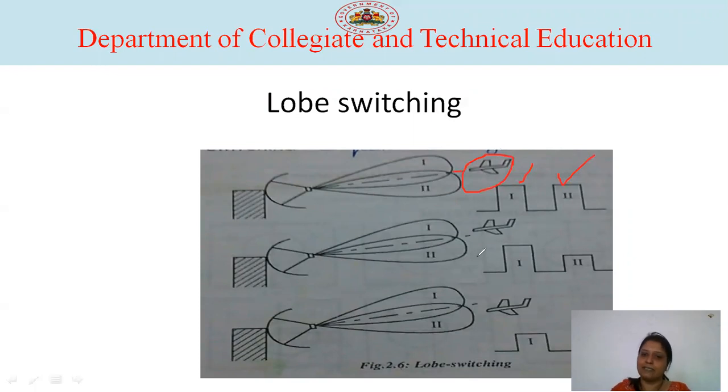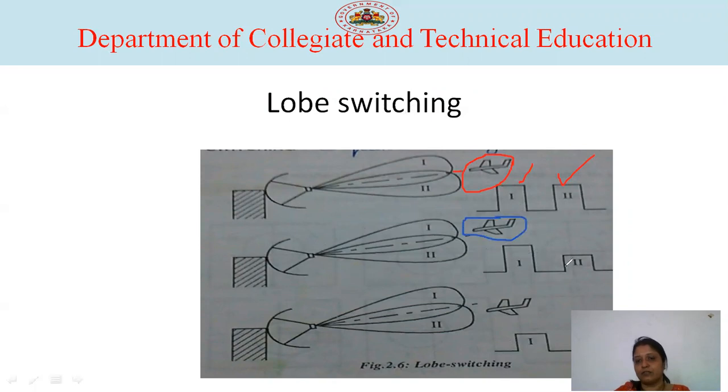Now just move to the second diagram. Here what is happening? The target is closer to position 1. First it is radiated in position 1 and the echo signal is received. Again it is switched to position 2, and again the echo signal is received. Now the received echo signals are in the form of, suppose this is the position of the target the second time.